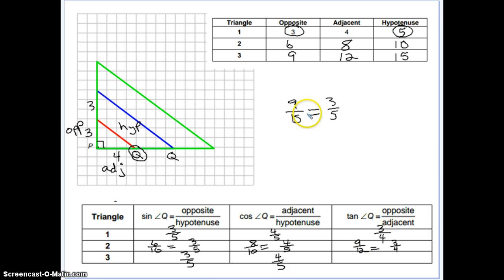And tangent of angle Q is going to be opposite over adjacent, which will be 9 over 12, which simplifies to 3/4. So notice that no matter what triangle we dealt with, the sine of angle Q was always the same ratio, 3 to 5. The cosine of angle Q was always the same ratio, 4 to 5. And the tangent of angle Q was always the same ratio, 3 to 4. That's because all these triangles are similar.